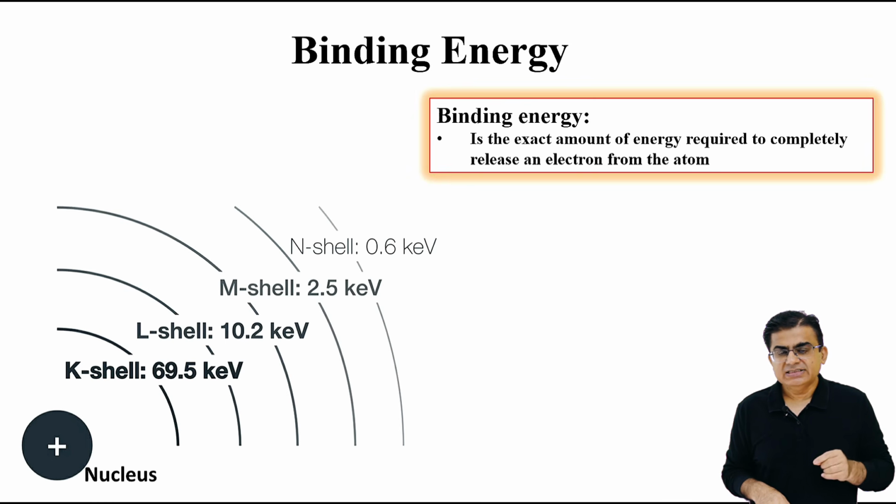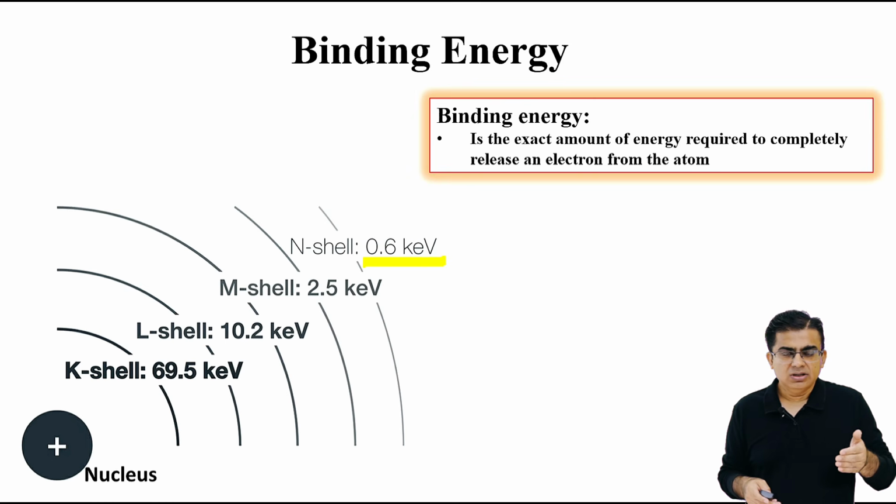I want you to fully understand the critical concept of binding energy. Again, before we move forward, binding energy is simply the invisible holding force that keeps these negative electrons safely in their specific orbits around the positive nucleus. Notice the exact numerical values listed next to each individual shell for the tungsten target metal. The outermost N shell has a very weak binding energy of only 0.6 keV.